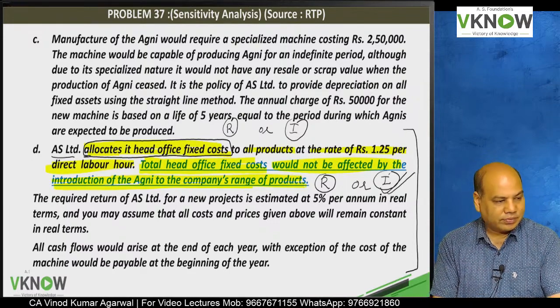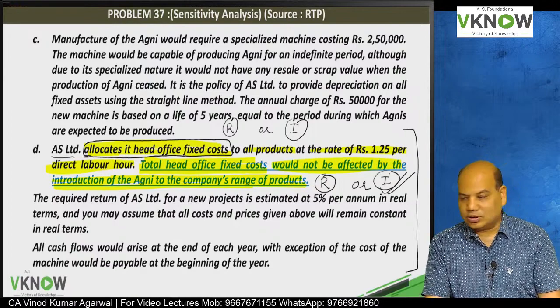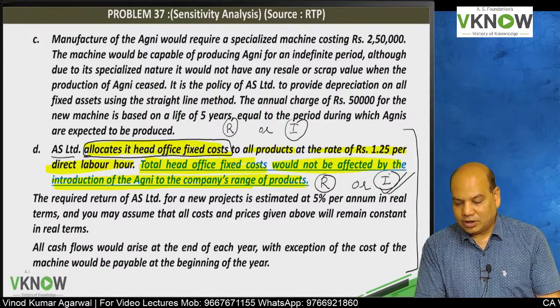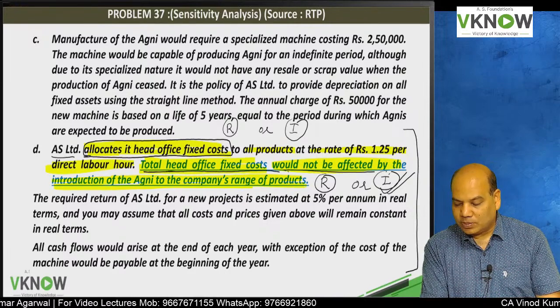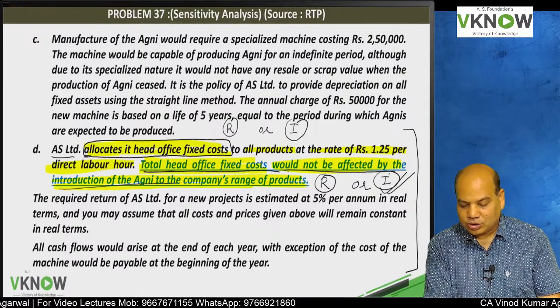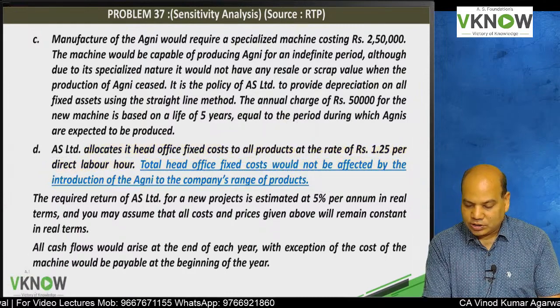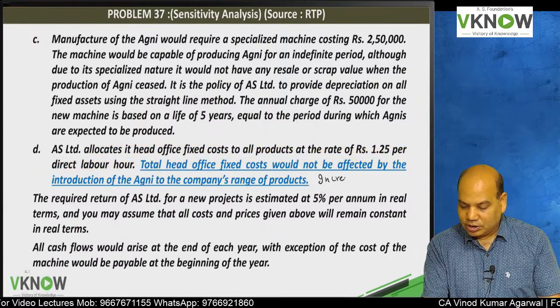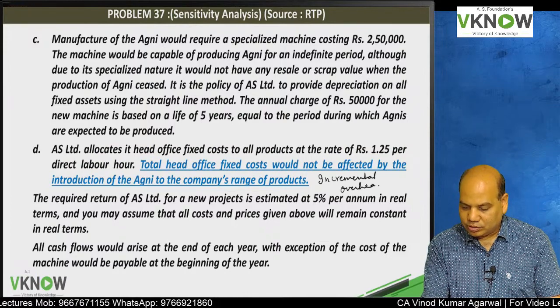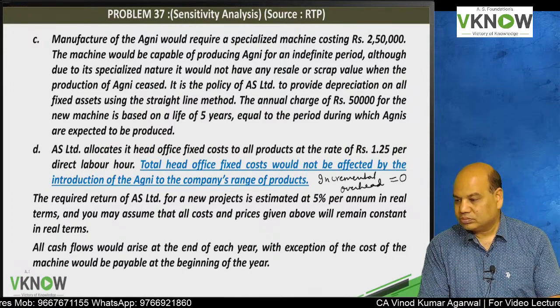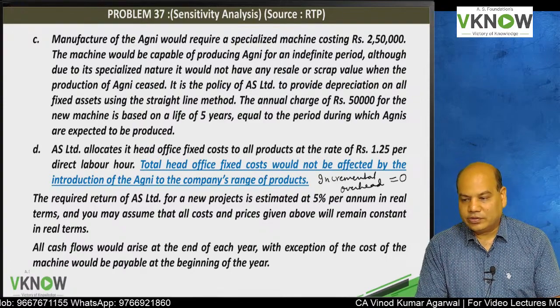Very good answer, because the line very clearly says head office total cost would not be affected by the introduction of Agni. The meaning of this line is that incremental overhead is 0.